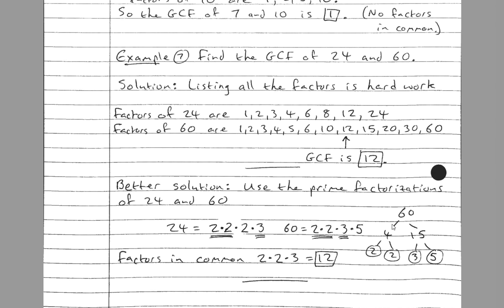Okay, we can make a factor tree. So 60, you could start 2 times 30, but if the two numbers are roughly the same size, that's better. So 4 times 15 I like better. 4 is 2 times 2, 15 is 3 times 5. So the prime factorization of 60 is 2 times 2 times 3 times 5.